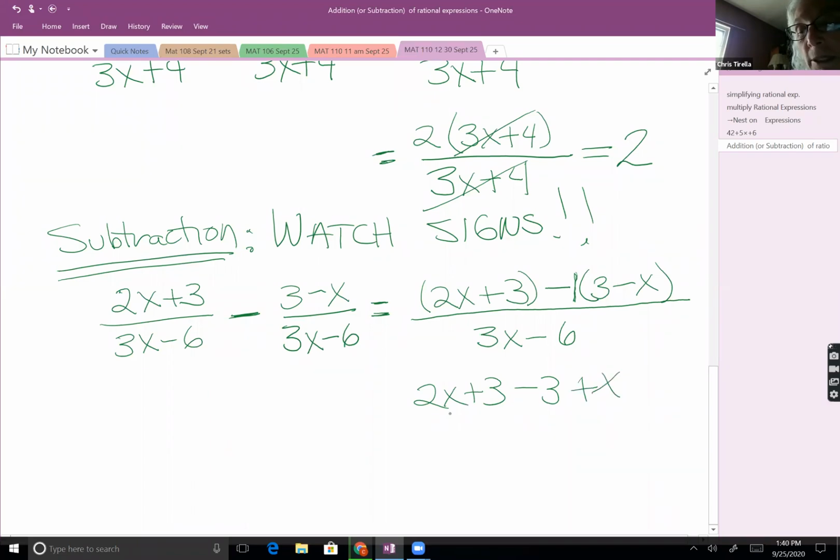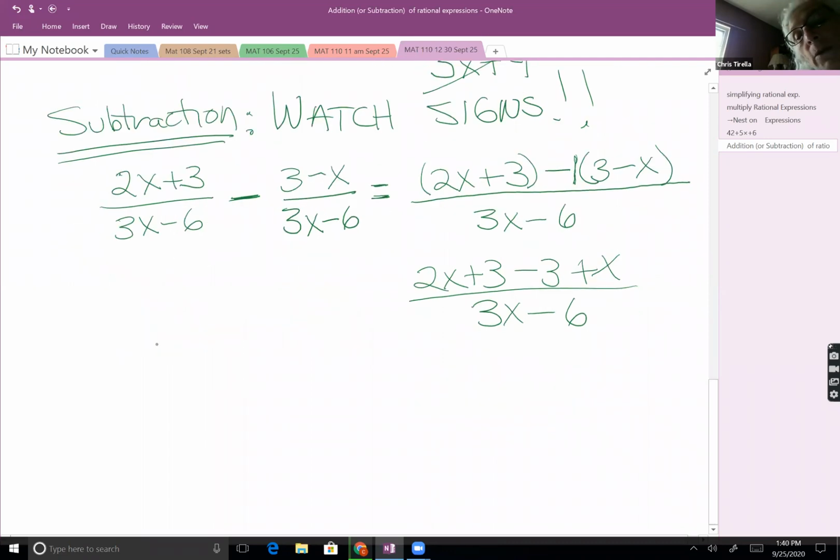It changes all of the signs after the subtraction. And so now when I combine, 2x plus x is 3x. 3 minus 3 is 0. So then I have in the denominator 3x minus 6.